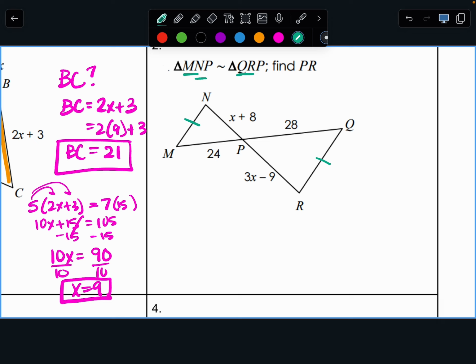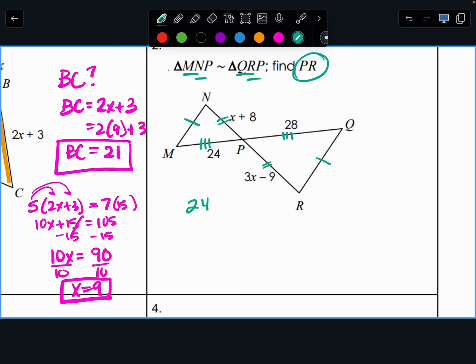And then NP, which is right here, matches RP, which is right here, which means that MP, first and last, matches QP, which is first and last. So now that I've figured out which sides go together, now I can solve for X and then PR.